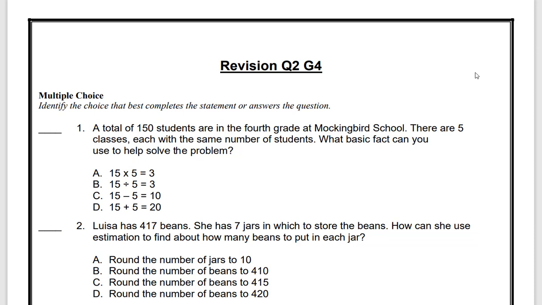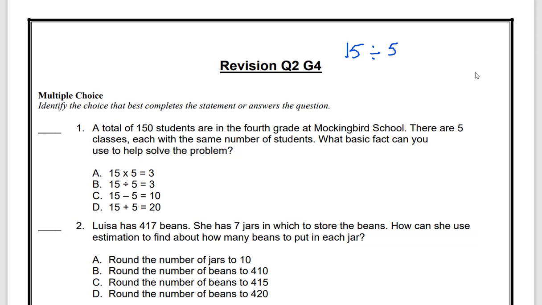So let's start first with the meaning of division, because this is a big idea. For any division problem, you have the dividend, the divisor, and the quotient. Let's write a division equation like 15 divided by 5 equals 3. This is the dividend, or we can say that this is the total number that we are dividing.